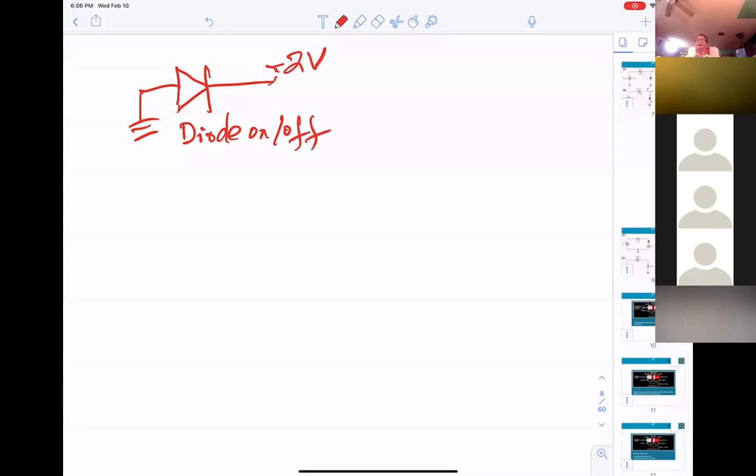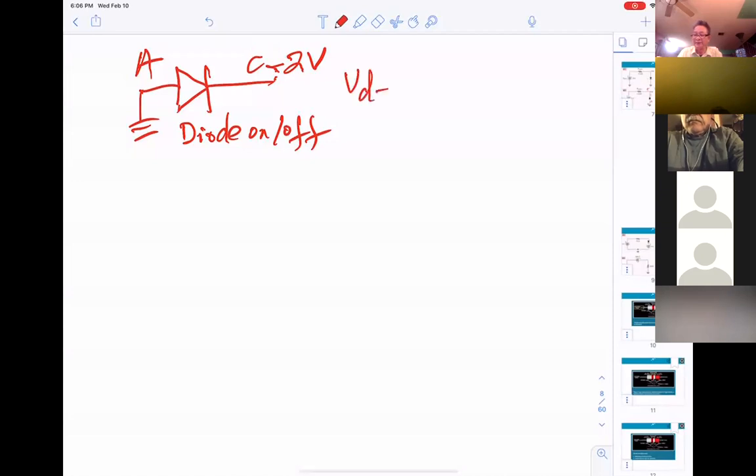Tell me, for this diode, is it on or off? On, because 0 minus minus 2, we have flow from 0 to minus 2. Okay. In order to know whether the diode is on or off, you need to get the VD, right?